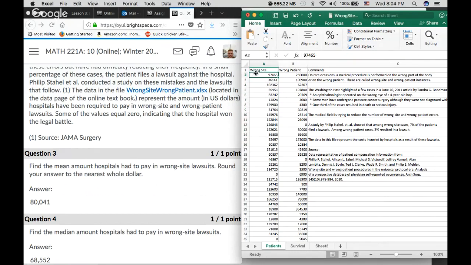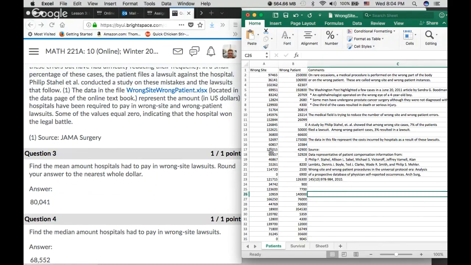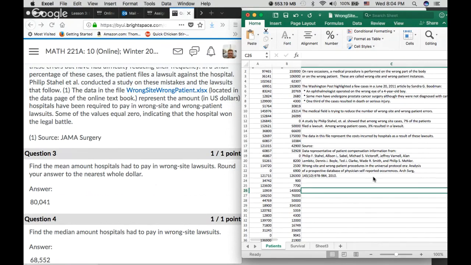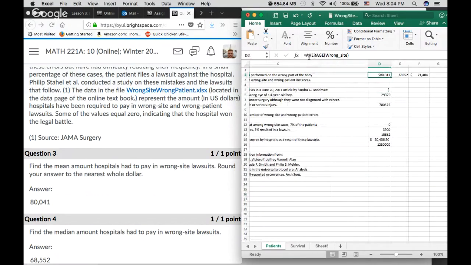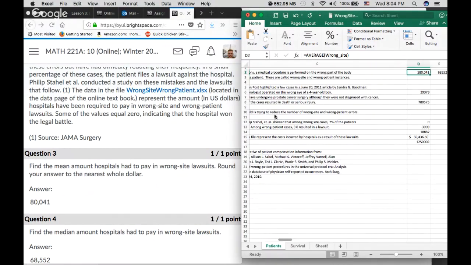You select this whole thing up here and type it in the name bar. So I named this entire array of all the wrong sites. Then when I come in here, for these calculations, I just use an average function, which is the mean, and this wrong site is what I named the entire array.